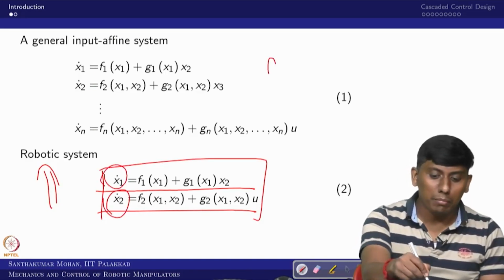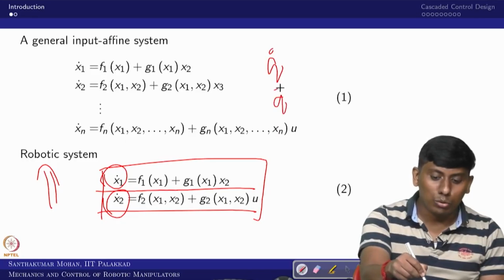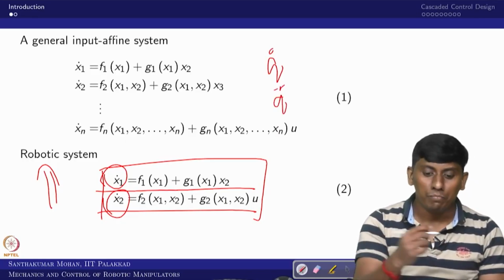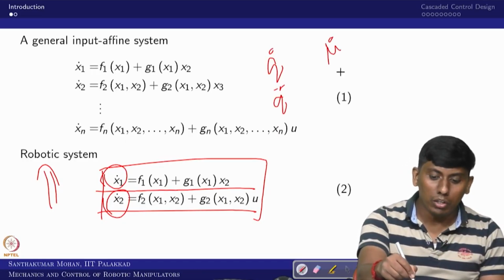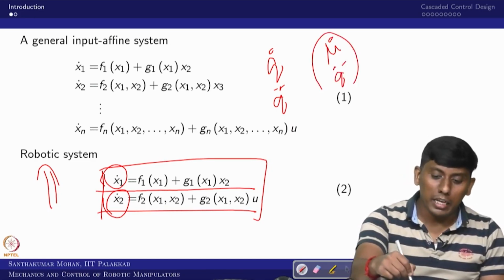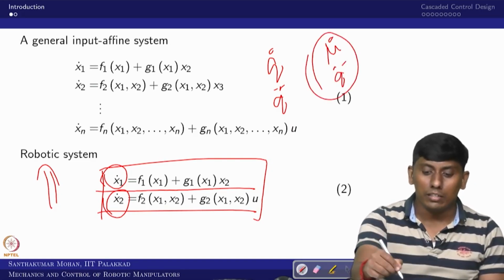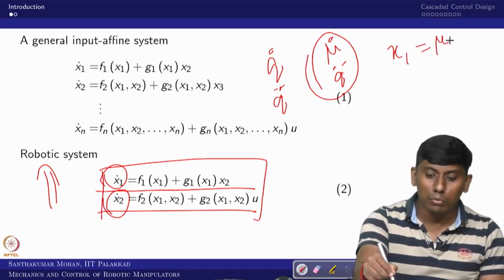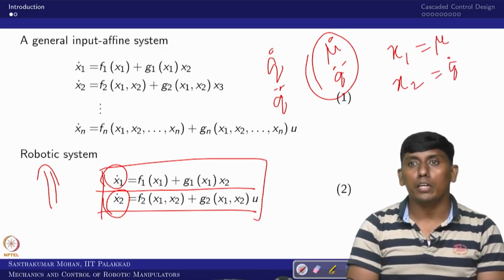The x1 dot can be written as q dot and x2 dot as q double dot, or we can take mu dot and q double dot. We are going to take x1 as mu and x2 as q dot.